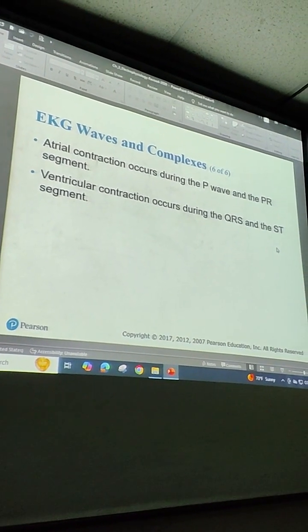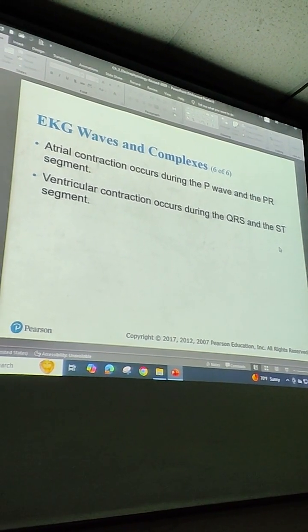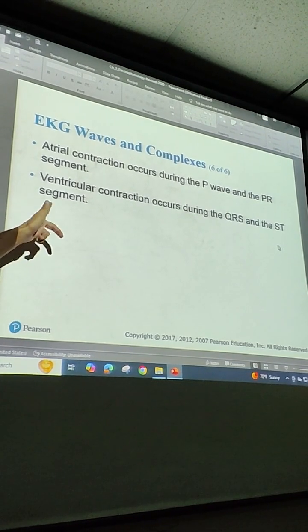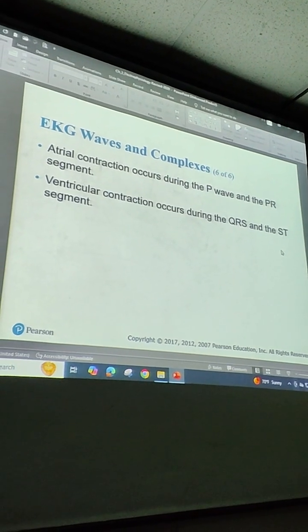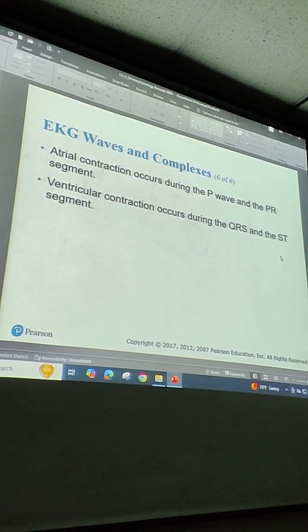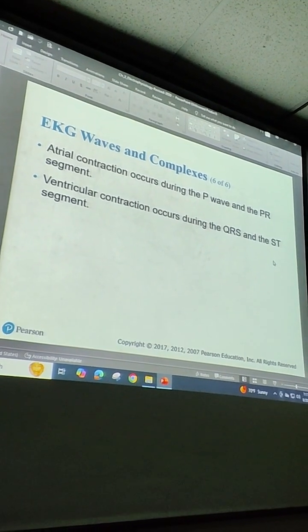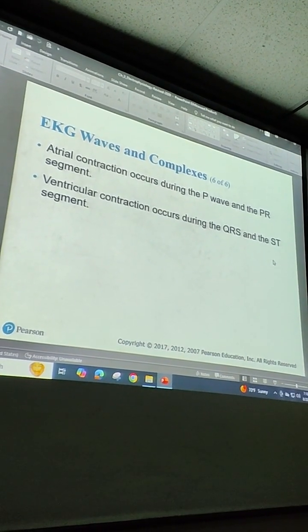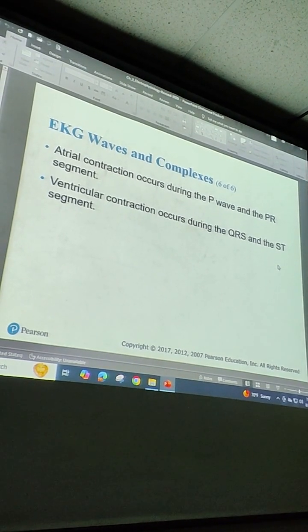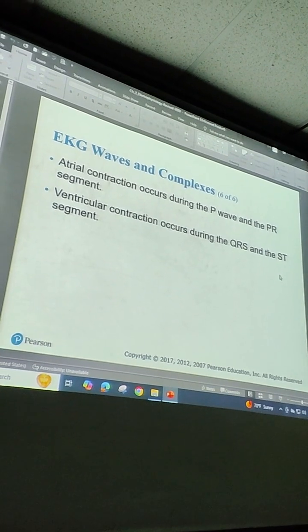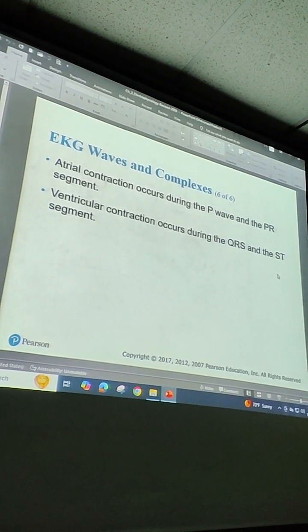We're going to see the rest, the QRS complex and the ST segment. So you see there are different ways of putting this. It's very important for you to understand that there is a little twist when you answer the questions. It's not always clear-cut.